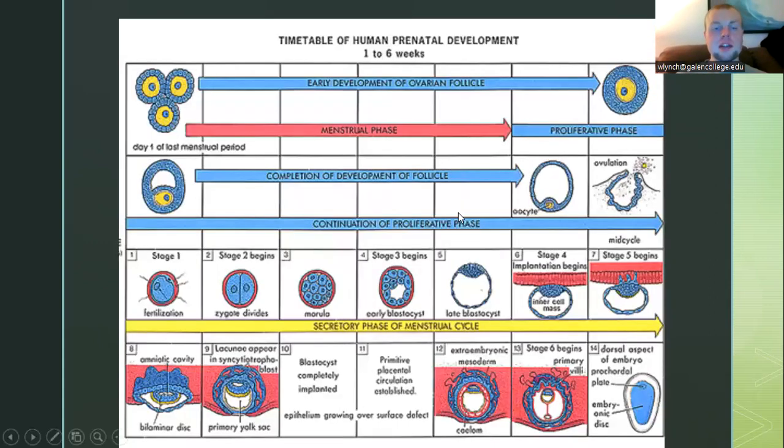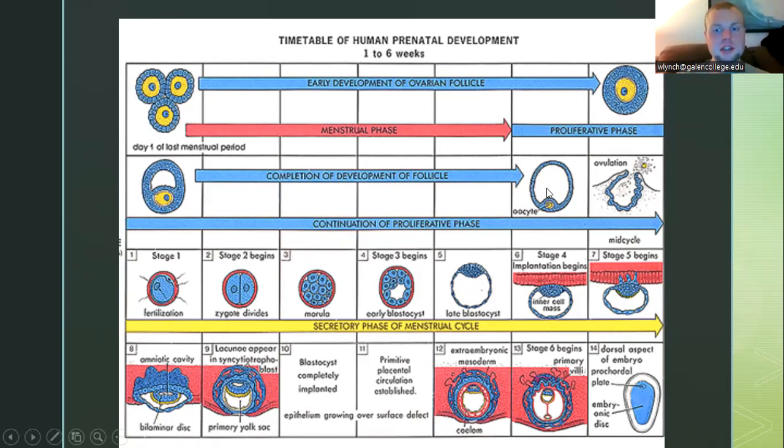So looking at that development, right? The timetable of development here, we see that at the time of fertilization, we're getting this mature oocyte or mature follicle. And at the time of ovulation, which is about halfway through the menstrual cycle, about day 14 of the cycle, we have ovulation take place.